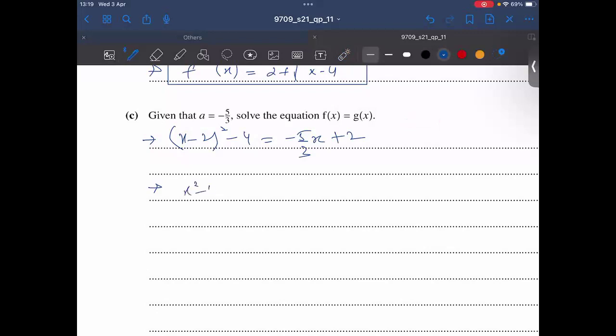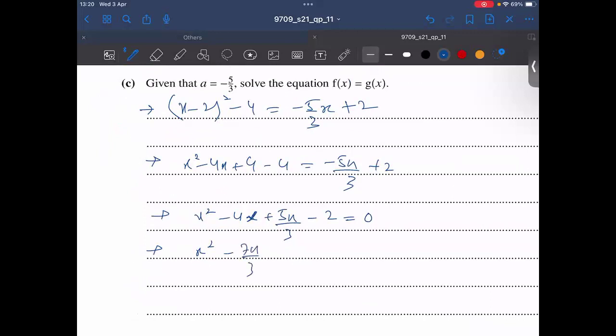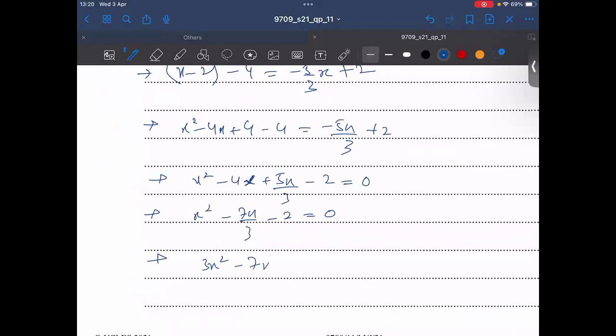So x square minus 4x plus 4 minus 4 minus 5x over 3 plus 2. x square minus 4x plus 5x over 3 and minus 2 equal to 0. It's going to be x square minus 12 plus 5 is minus 7x over 3, minus 2 equal to 0. 3x square minus 7x minus 6 equal to 0.